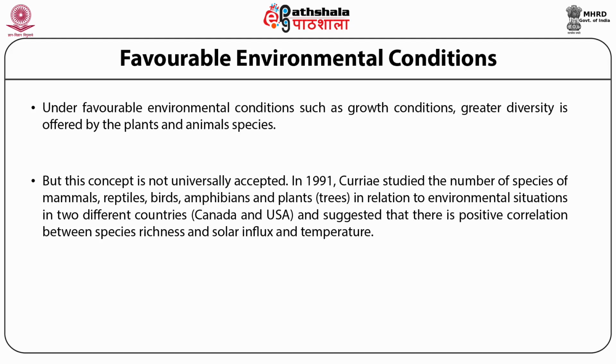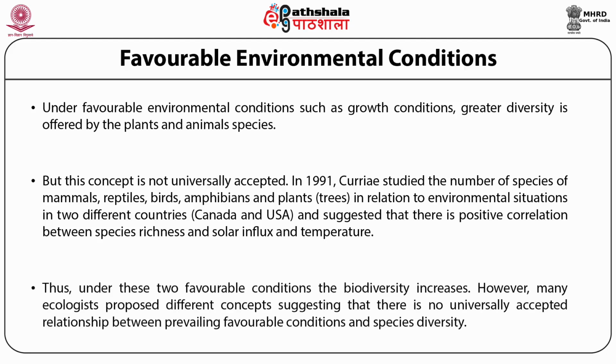In 1991, Currie studied the number of species of mammals, reptiles, birds, amphibians, and plants, trees, in relation to environmental situation in two different countries, Canada and USA, and suggested that there is a positive correlation between species richness and solar influx and temperature.